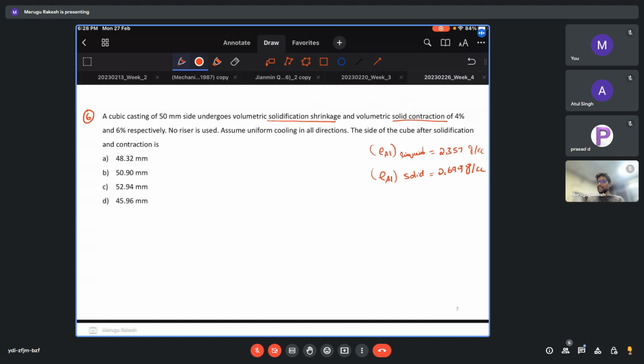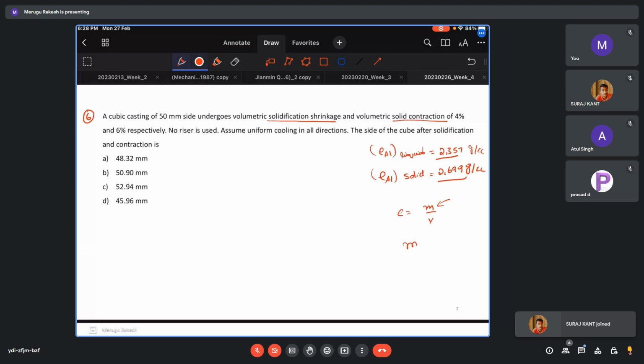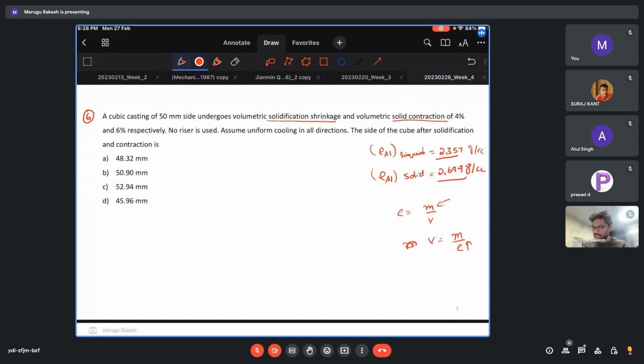What I want to indicate here is, you see the density differences. We have more density in solid form when compared to the liquid. Density is equal to mass by volume, and since mass cannot change, volume is equal to mass by density. If density is increasing, that means volume should decrease, right? Since mass is conserved, we cannot change it.